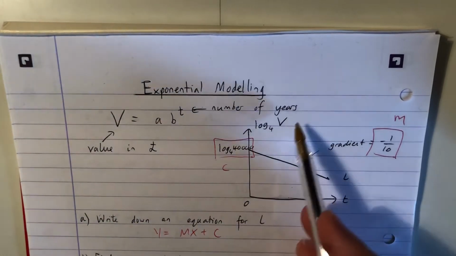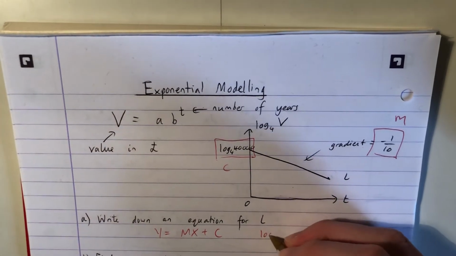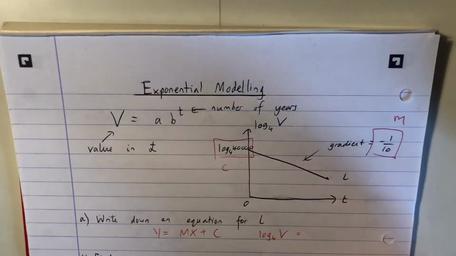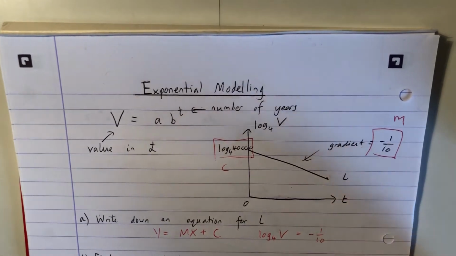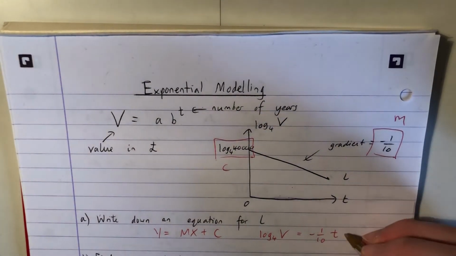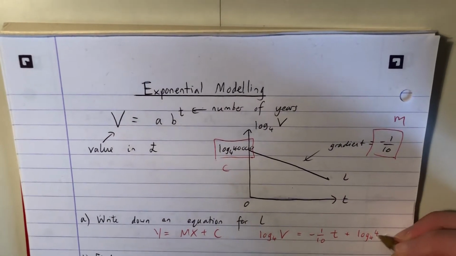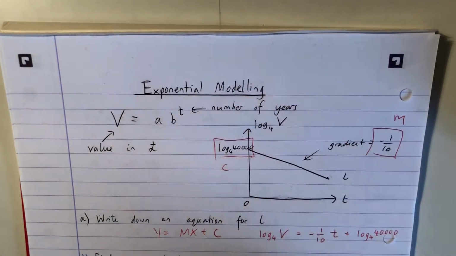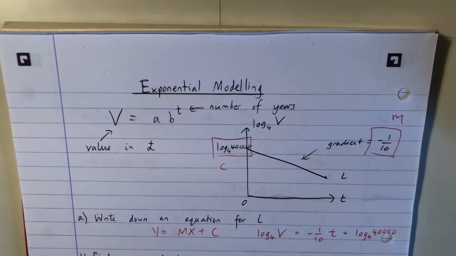In this case, y is log base 4 v, so log base 4 v is equal to, gradient is minus 1/10, x is t in this case, plus the y-intercept, which is log base 4 of 40,000, like so. So that's part 1 done.